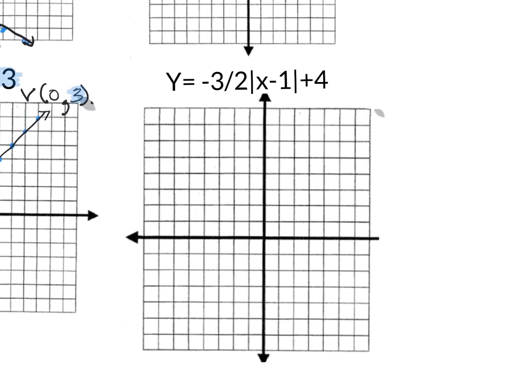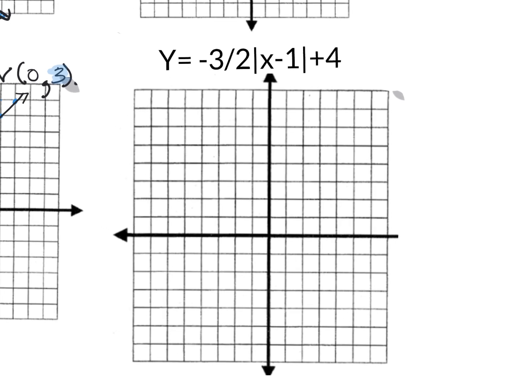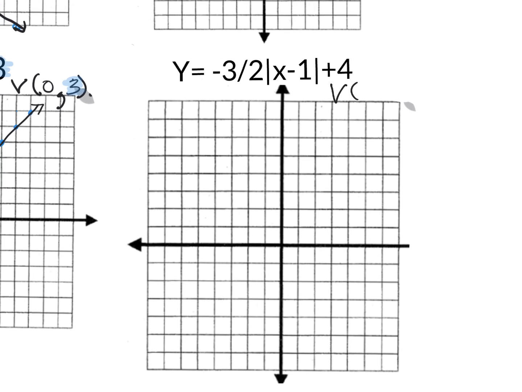Okay, let's look at this one. Why don't you pause the video and see if you can identify the vertex correctly? Since it's -1, doesn't that mean it's going right 1? So that means 1, and then aren't you going up 4?